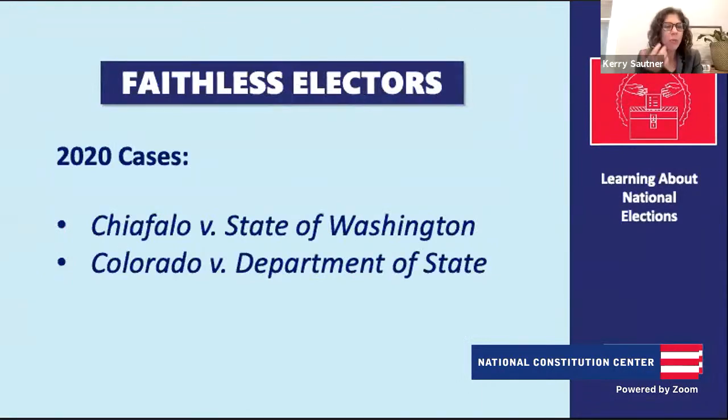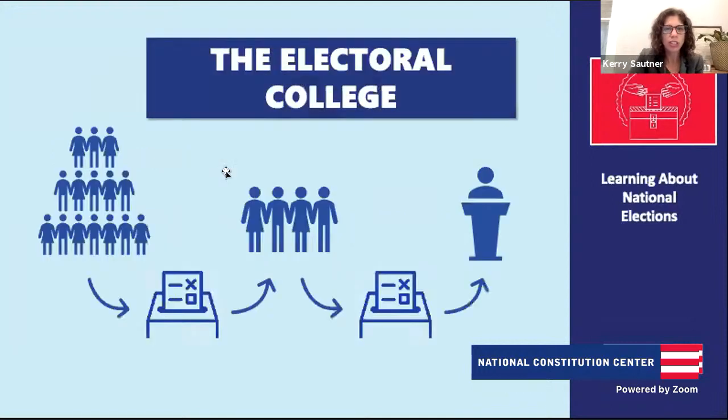So what is to say that somebody in that Electoral College, and we'll look at that graphic again with the people in the middle, they're handed the votes from the people. This is the general public who are voting. Then here's the electors. So what if this person right here says, you know what, I'm not gonna vote for who I'm told to vote for. I'm gonna vote for who I think is right.